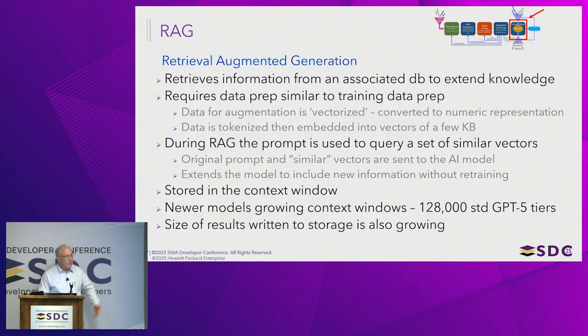After that, everything gets stored into your context window. In the newer models, the context window is just growing and growing. You'll hear in several other talks today about KV cache, one of the popular ways to store those context windows. And so the amount of data that is written for each phase is just continuously growing.